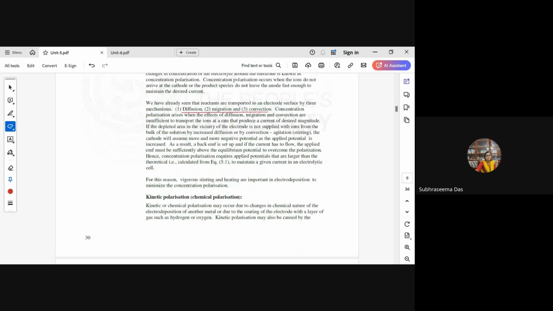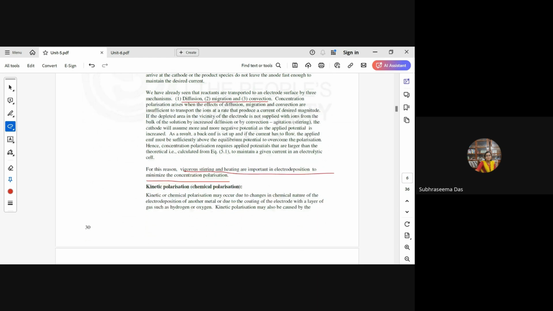For this reason, to avoid concentration polarization, stirring and heating are important factors in the electrodeposition process. So the two main factors that need to be considered for an electrodeposition process are vigorous stirring and heating. Mostly in all cases, stirring or mechanical agitation is very rigorously followed.